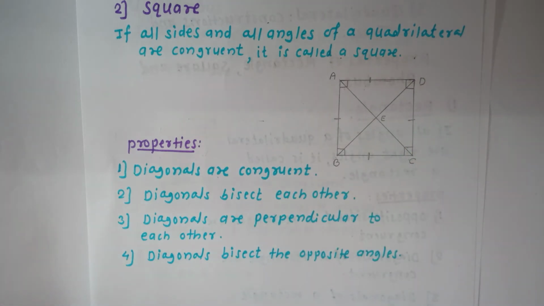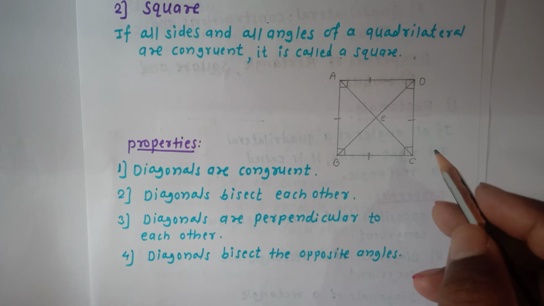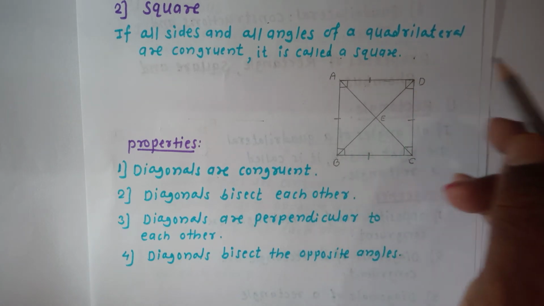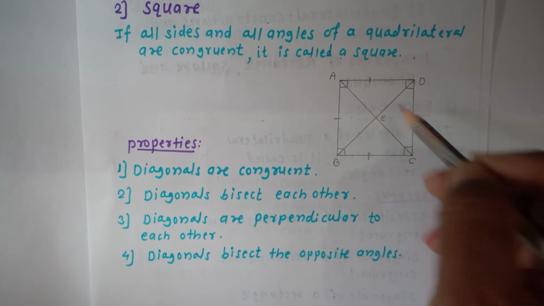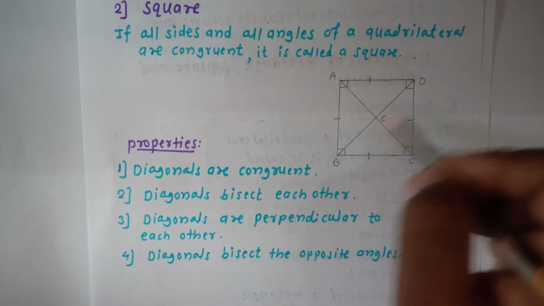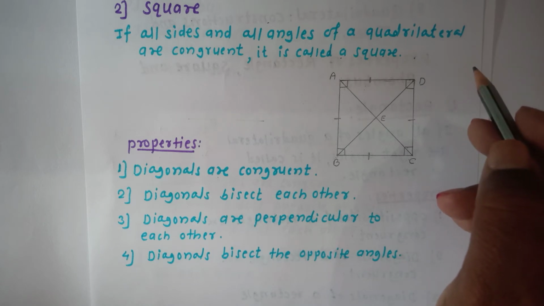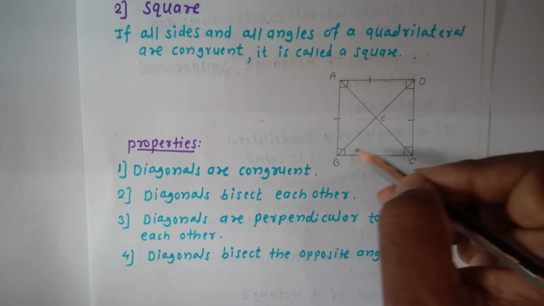Now let's see properties of a square. Diagonals are congruent. So diagonal BD congruent to diagonal AC. AC and BD, these are diagonals and they are congruent. Diagonals bisect each other.